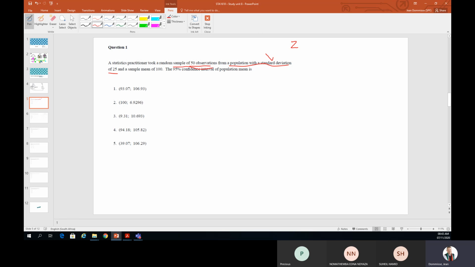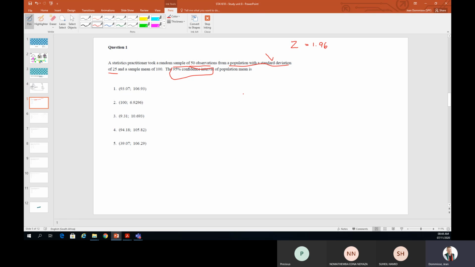The 95% confidence interval for the Z is always equal to 1.96. That is a given. I've written it in my study unit 8 summary as well. When you see a 95% confidence interval for the Z, it's always equal to 1.96.